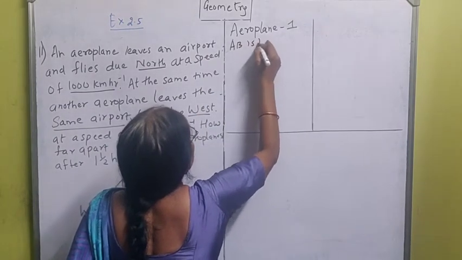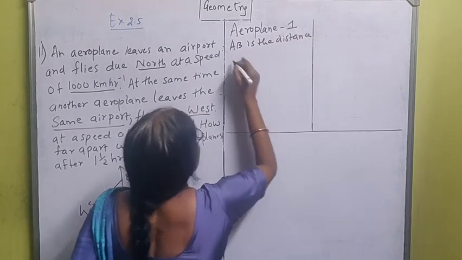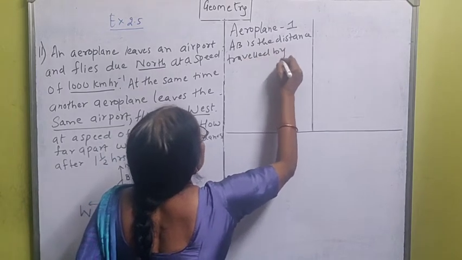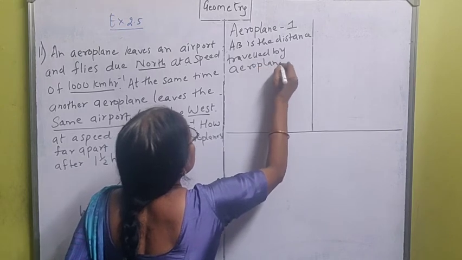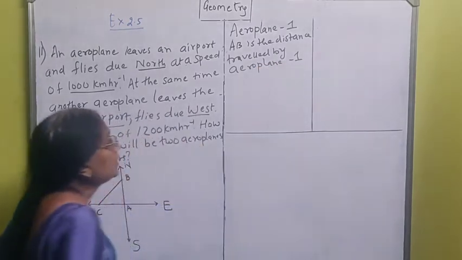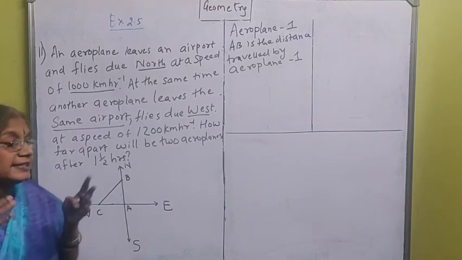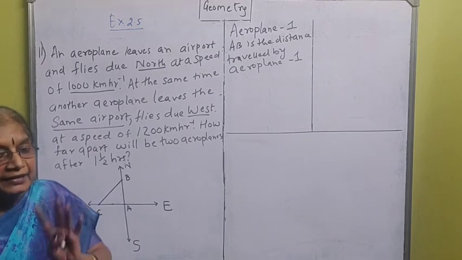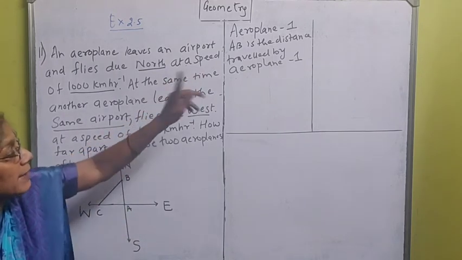AB is the distance travelled by aeroplane 1. So what is the formula? You have already studied in 7th and 8th standard. Speed is equal to distance by time. Then distance will be equal to speed into time. So I am going to find AB, the distance.